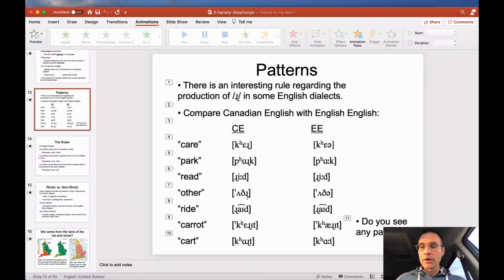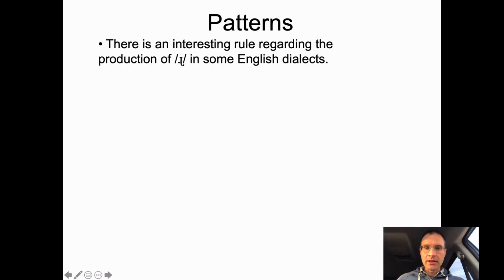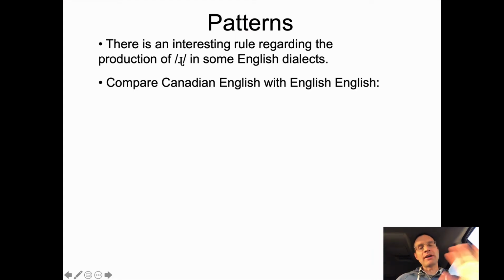So here's another rule which is not across the board in all English dialects, but we find it in some varieties of English, and it's a prominent feature that distinguishes kind of half of the English-speaking world from the other half. So this rule applies to the production of R in some English dialects, and we'll look at it comparing Canadian English to English English, as I'm calling it here.